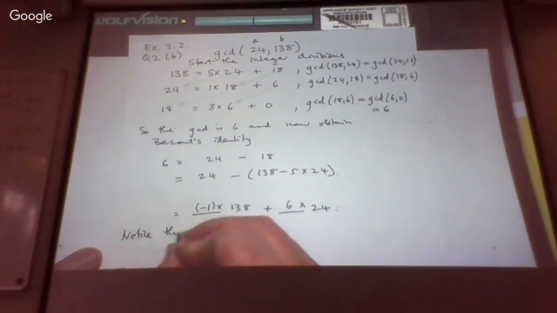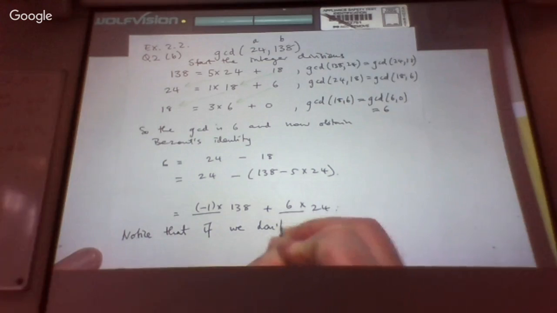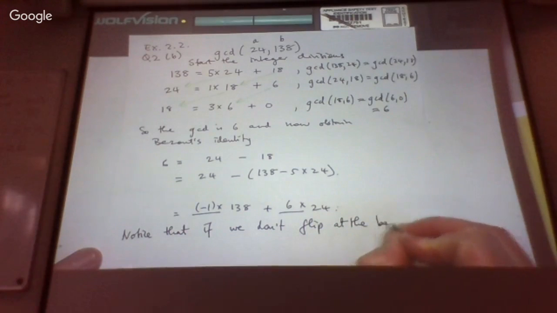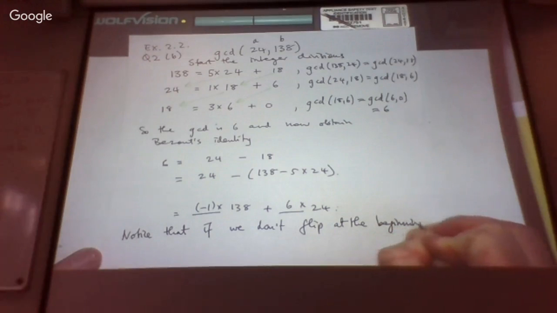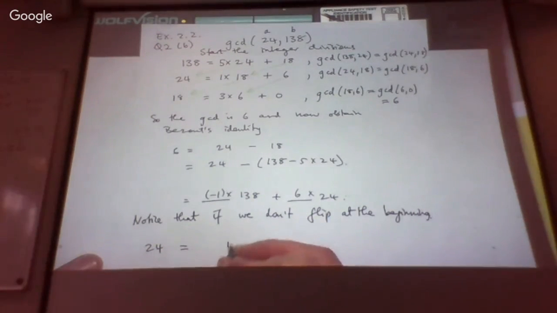So notice that if we don't flip at the beginning, if we try to divide the small number by the large number, what's going to happen?